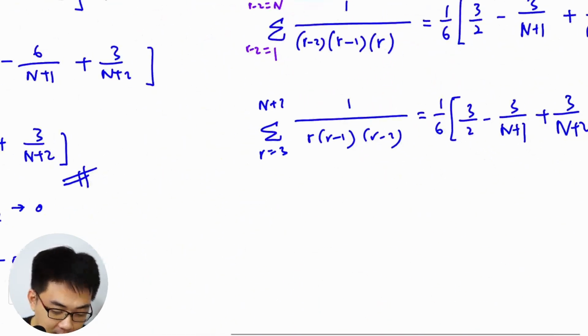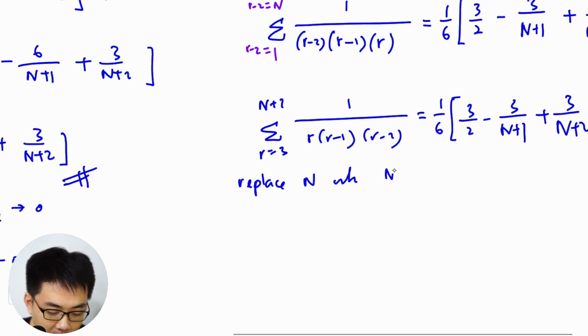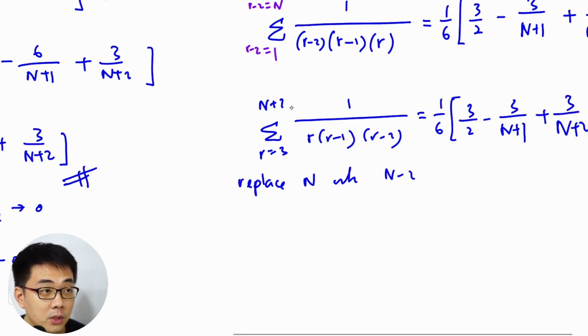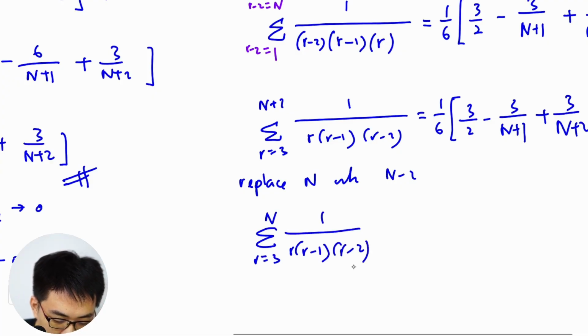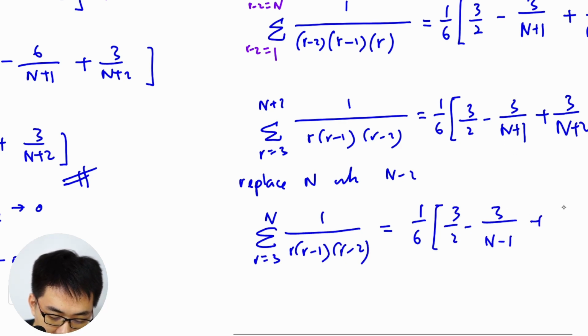So replace n with n minus 2. If you replace n minus 2, this will become n. So n. Okay, so this is a step by step, quite fast. 3 over n minus 1, n minus 2. This is 3n. Oh, can simplify.